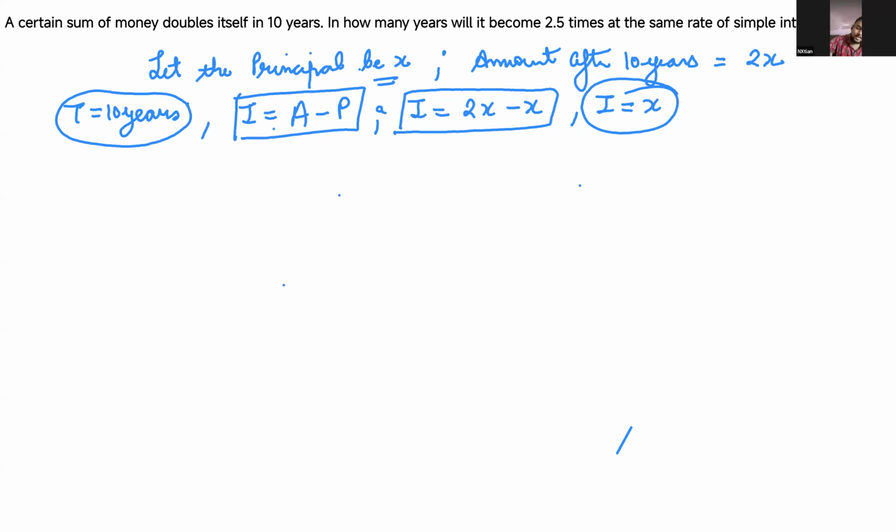Now, what is the formula? Formula is I is equal to P into R into T upon 100. Now, what is I? I is x. What is P? P is also x. R, I don't know. T is 10, upon 100.